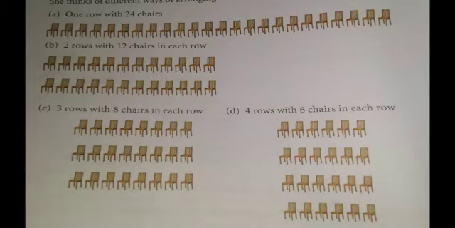Here look, chairs are arranged in rows. First, 1 row with 24 chairs. Second, 2 rows with 12 chairs. Next, 3 rows with 8 chairs and 4 rows with 6 chairs. So we can say the factors of 24 are 1, 24, 2, 12, 3, 8, 4 and 6.